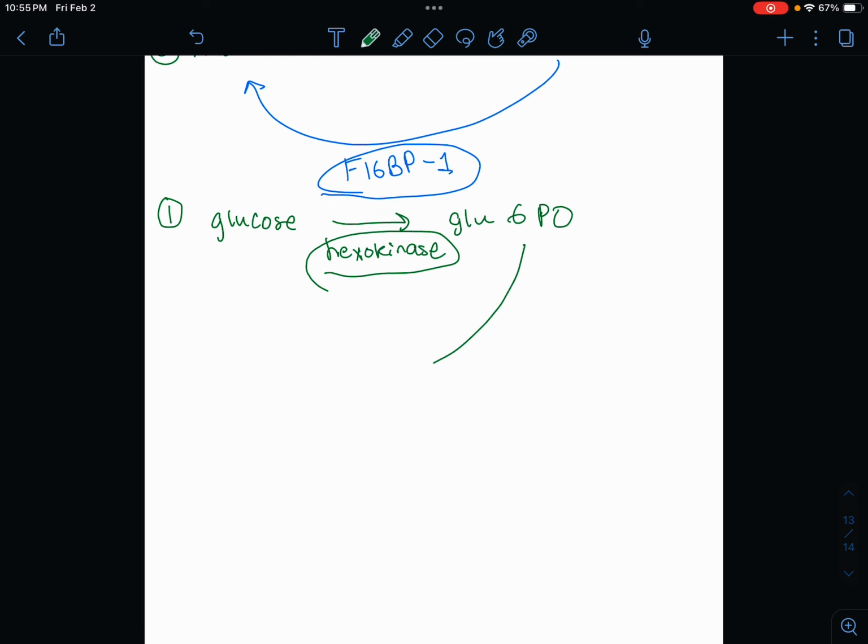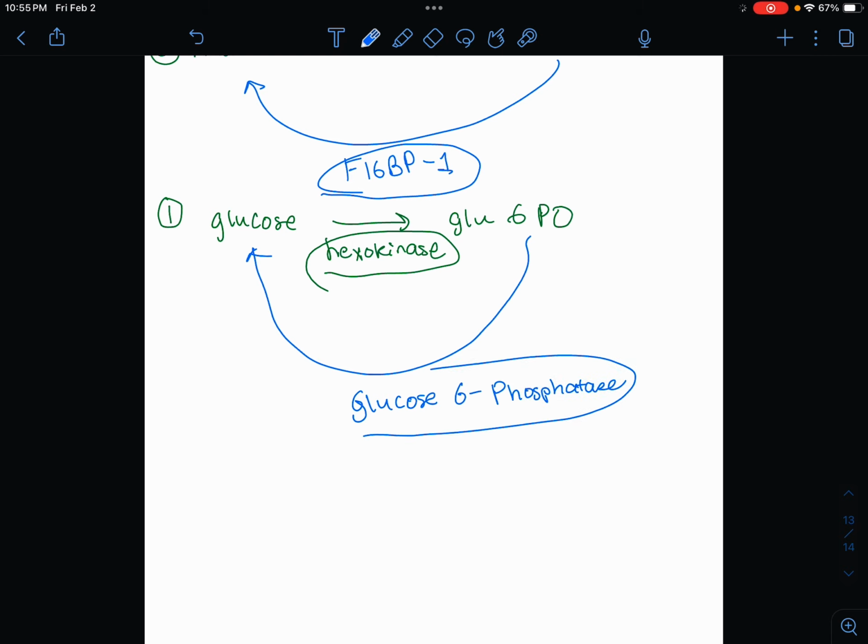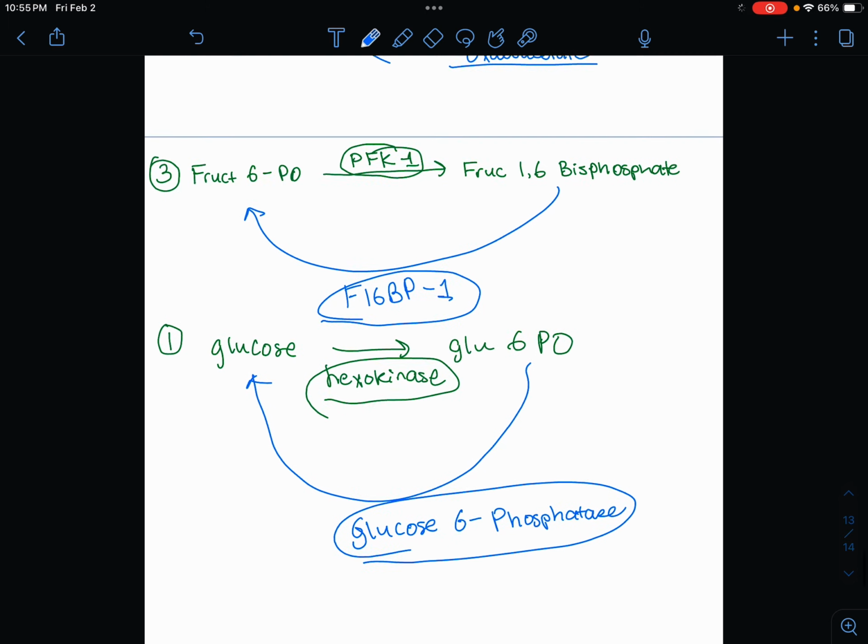So we're going to be using another enzyme to turn our glucose 6-phosphate back to glucose. This enzyme is going to be glucose 6-phosphatase. A trick here is that for these last two, like fructose 1,6-bisphosphatase 1, the enzyme has the name of the reactant when you're using gluconeogenesis. That's a helpful hint right there, I think.